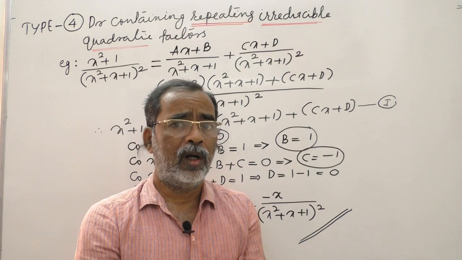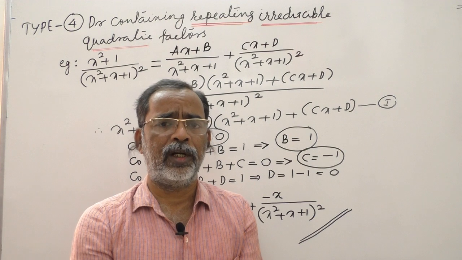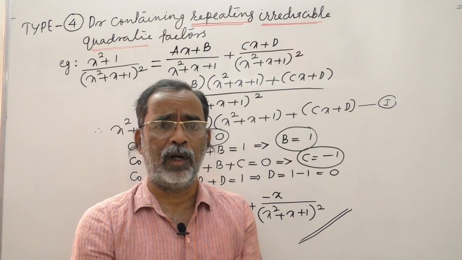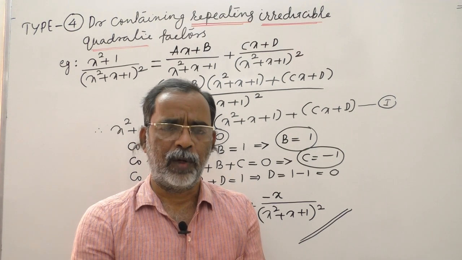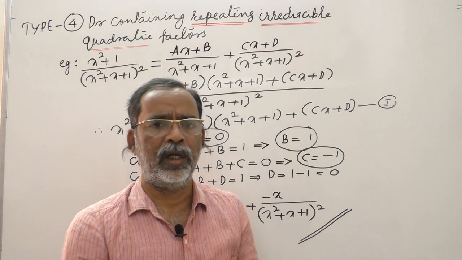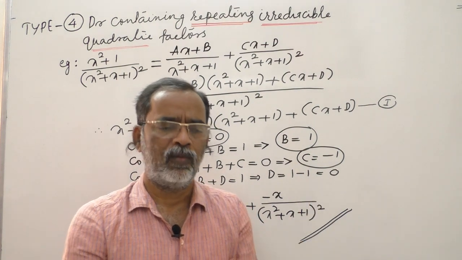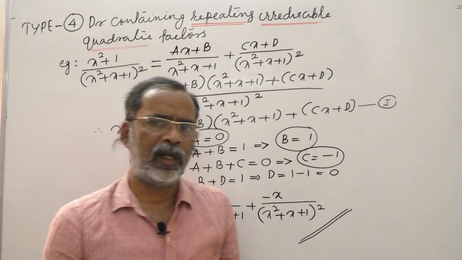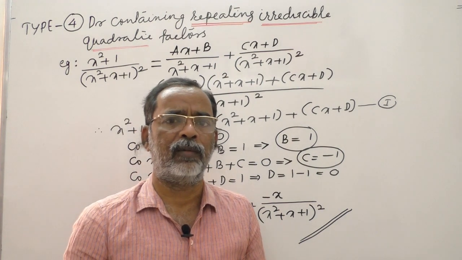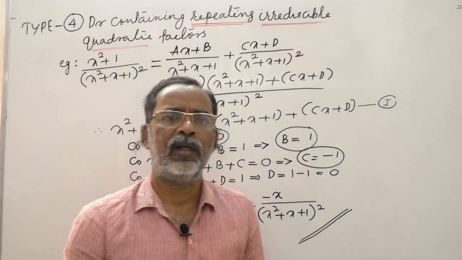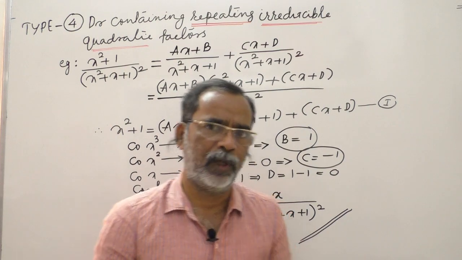But for all the types, first we need to check whether the function is proper or not. If it is a proper rational fraction, then only these 4 are applicable. If the given fraction is not proper, what to do? We will see that in type 5.